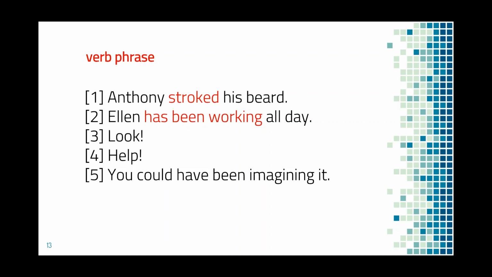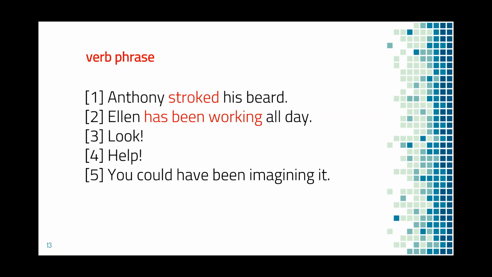This is the verb phrase, which is made up of one word, one verb. However, in example number 2, Alan has been working all day. This is the verb phrase, has been working. And you should notice that this verb phrase is made up of 3 words. Has been, 2 auxiliaries, and working is the main verb.